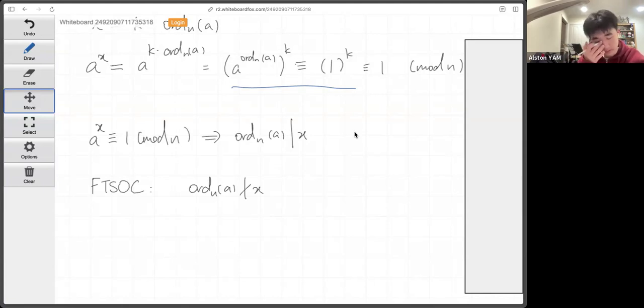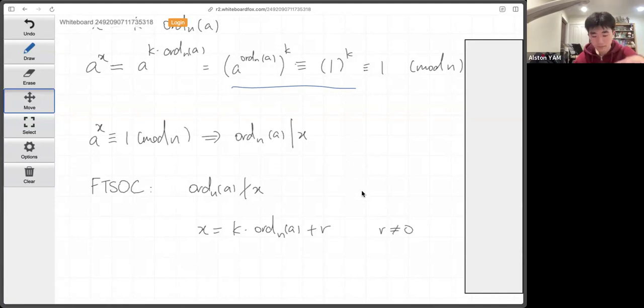Now we can write x is equal to k times the order of A with respect to n plus some non-zero remainder, because we know that the order of A does not divide x. So I'm just going to add that here: r is not equal to 0. r is some non-zero remainder.